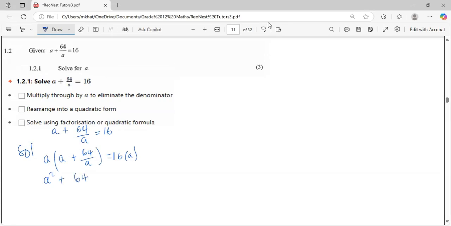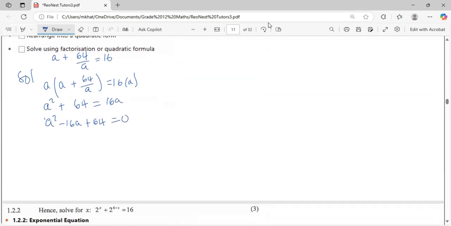Remember, a and a will cancel each other, and it also applies to laws of exponents, because when we divide bases of the same value, we minus the exponent. So now I'm going to put it in a standard form, which is a squared minus 16a plus 64 equals to 0.